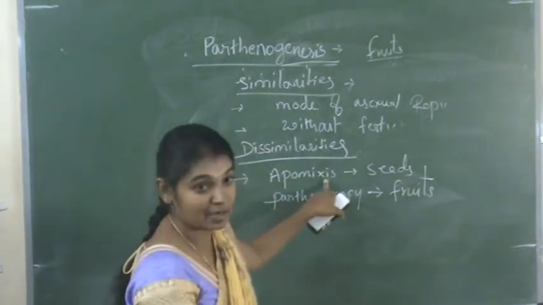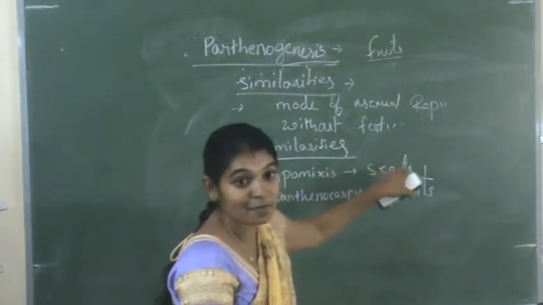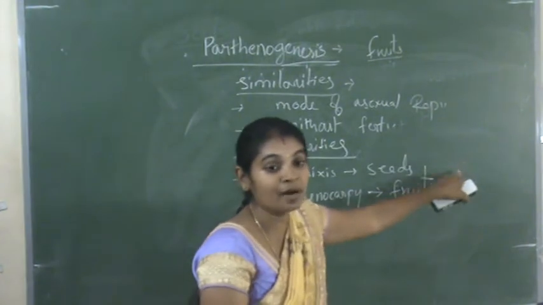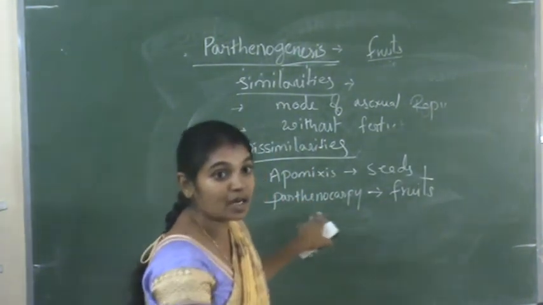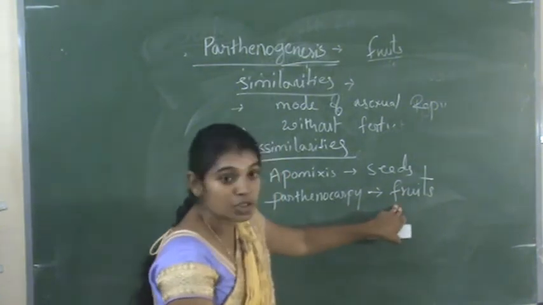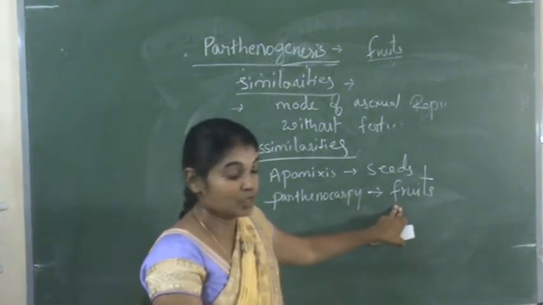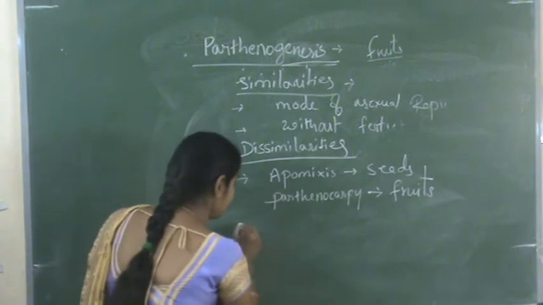This is one dissimilarity. Apomixis is the process of formation of seeds. Parthenocarpy is the formation of fruits without fertilization.